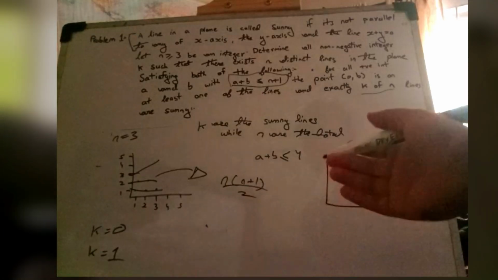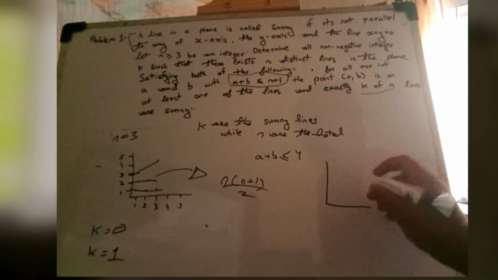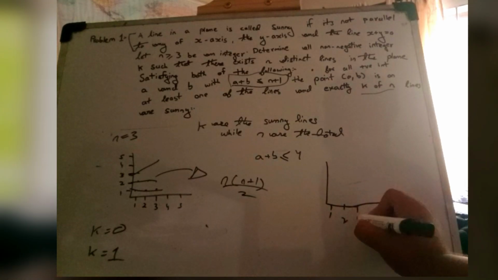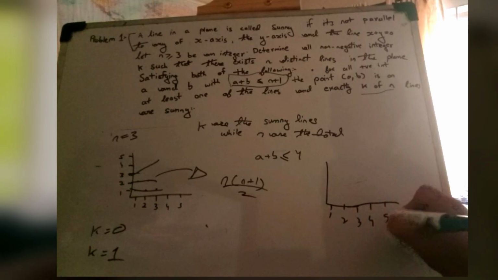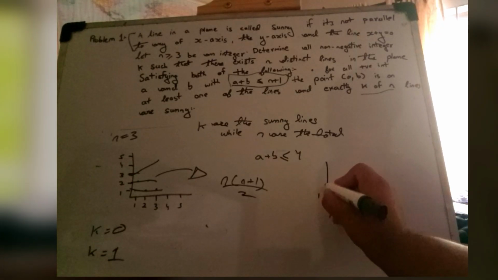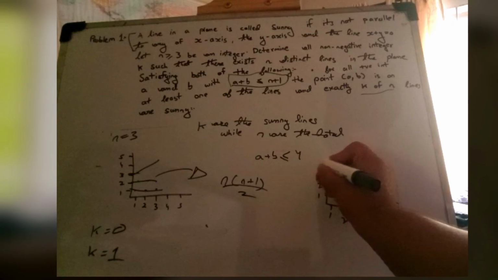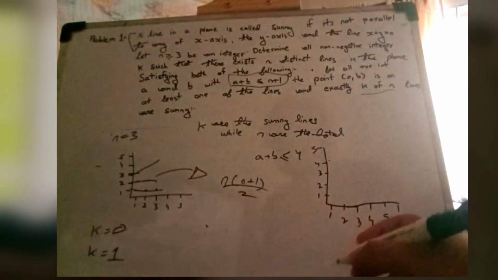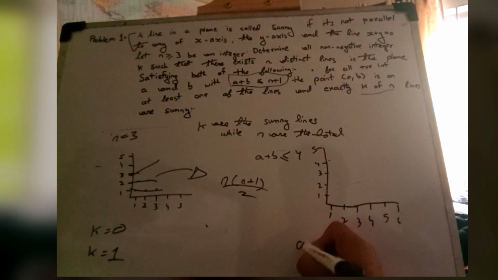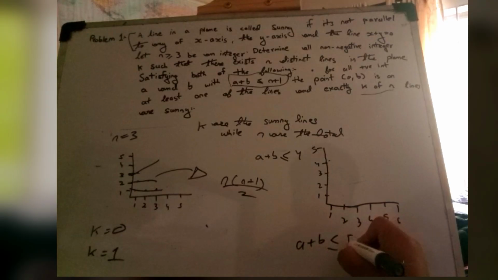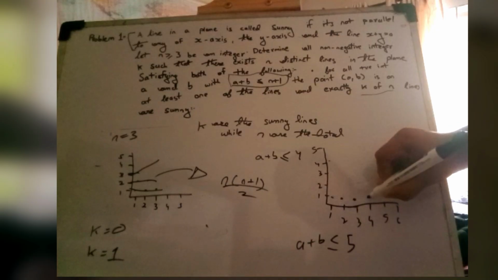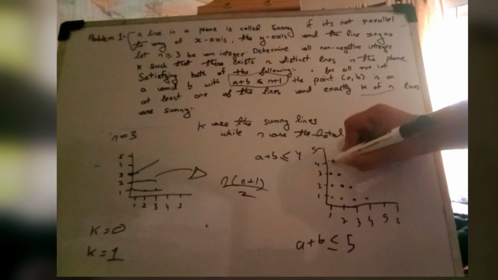Even if we try, for example, n equal to 4, we get points 1, 2, 3, 4, and the equation becomes a plus b less than or equal to 5. The total points we have are 1, 2, 3, 4, then 1, 2, 3, then 1, 2, and 1.